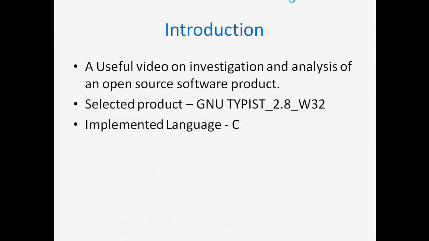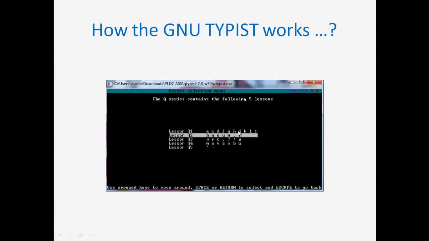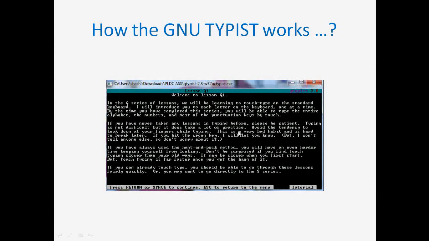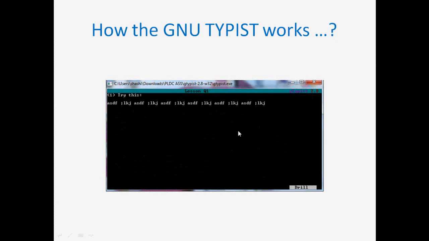Gtypist is an interactive typing tutor for the Unix system. Let's see how the Gtypist software works. When the user starts to work with the Gtypist software, first should choose a lesson and the user is given an instruction saying how to work with the tutor.